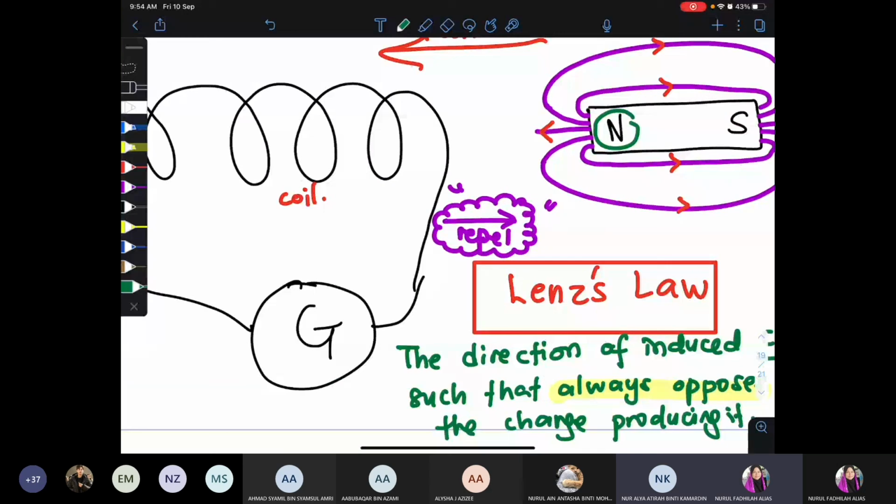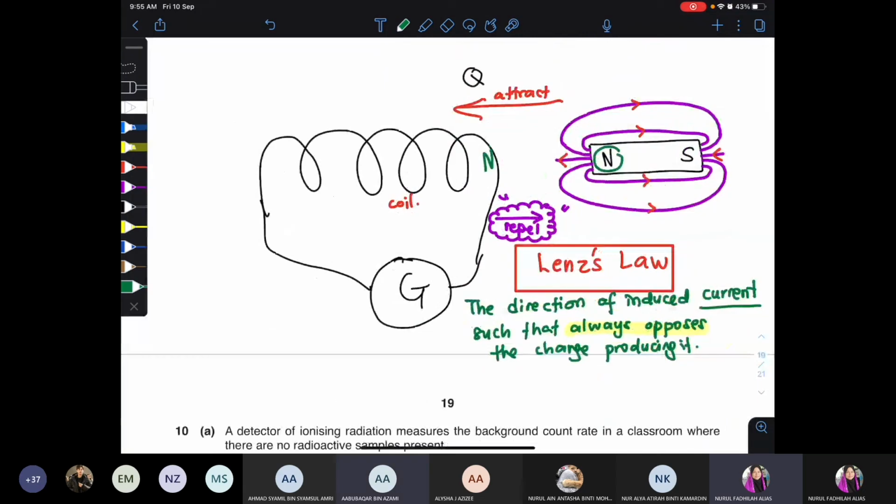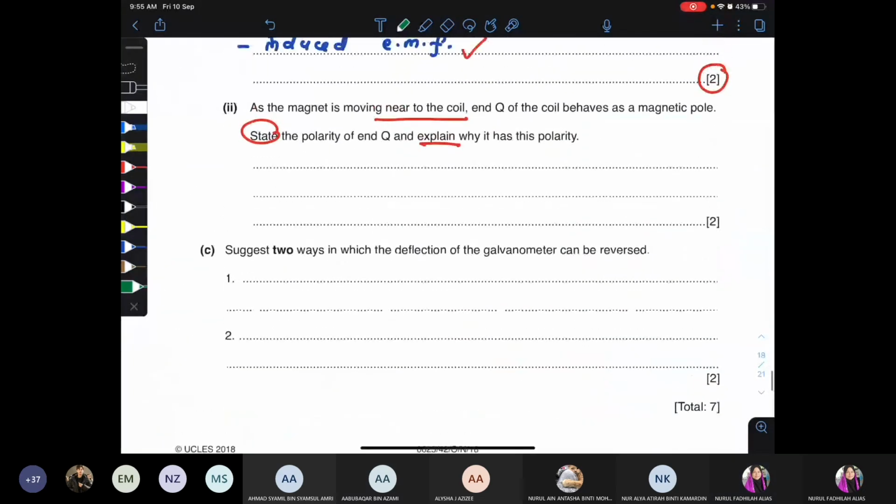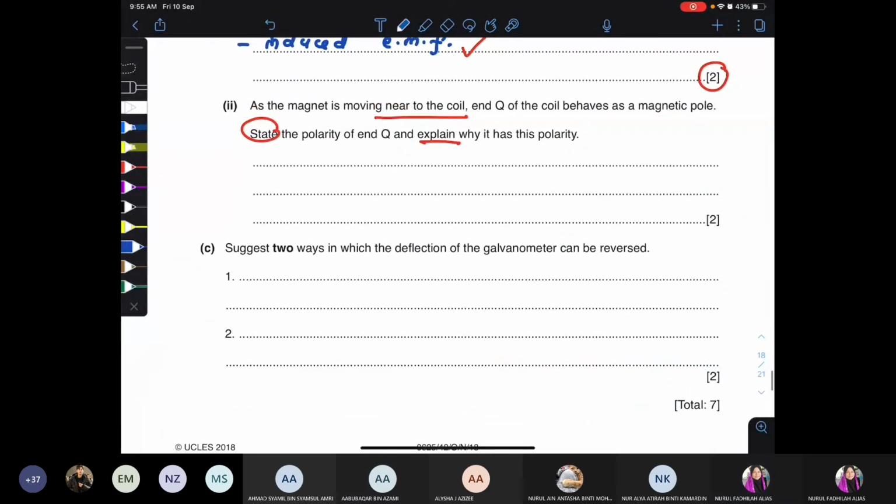North, north baru dia akan repel. Faham tak? Jadi what's the answer? The answer is Q is a N-pole. N-pole.